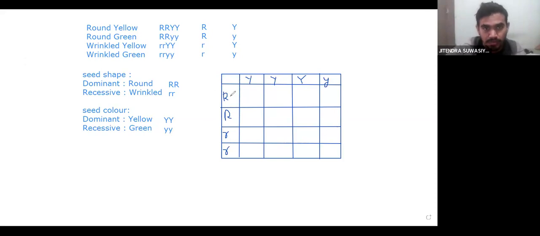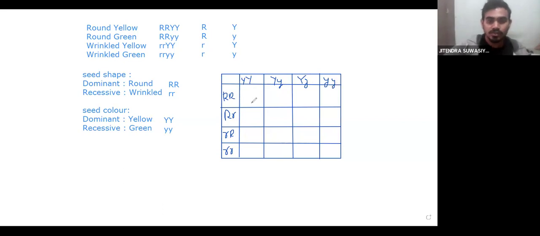So this one was capital R, capital R. These are capital R. Then again small r, capital R, small r, small r, small r. Again, this one is capital Y, capital Y, capital Y, small y, then capital Y, small y, and small y, small y.